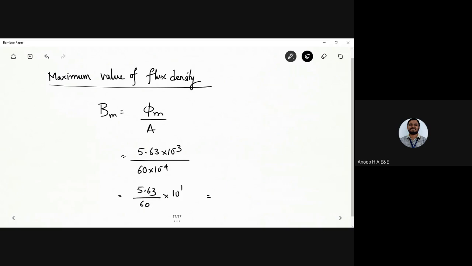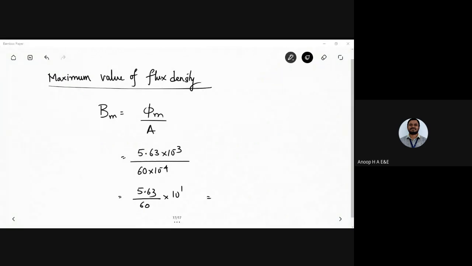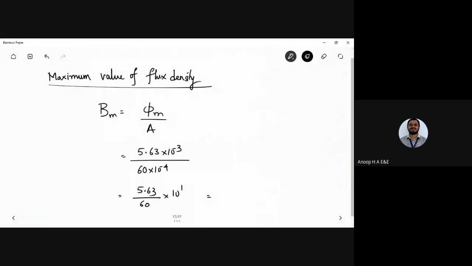So Bm is equal to 0.938 Weber per meter square.